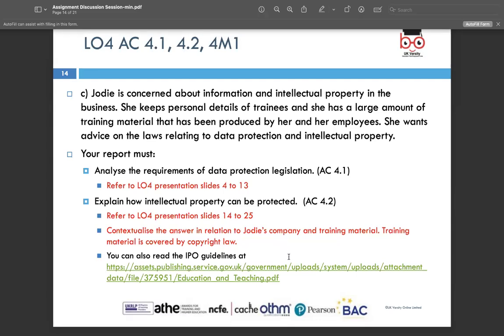Practical steps recommended: implementing confidentiality agreements and access controls to protect sensitive information. So again, refer to LO4 presentation slides 14 to 25 and the intellectual property office guidelines on protecting educational and training materials for more information.